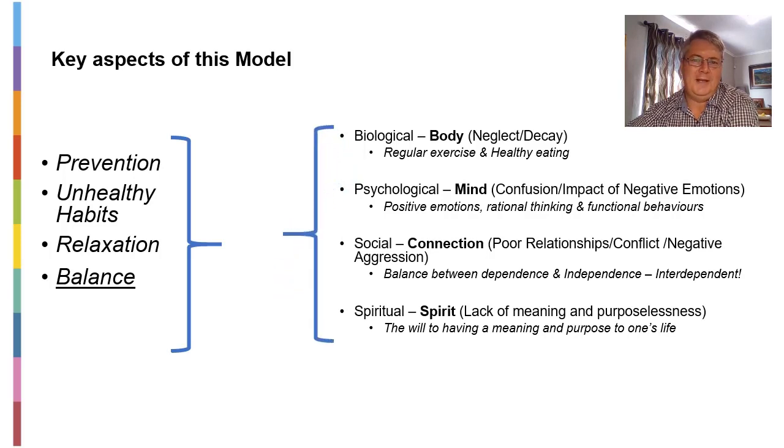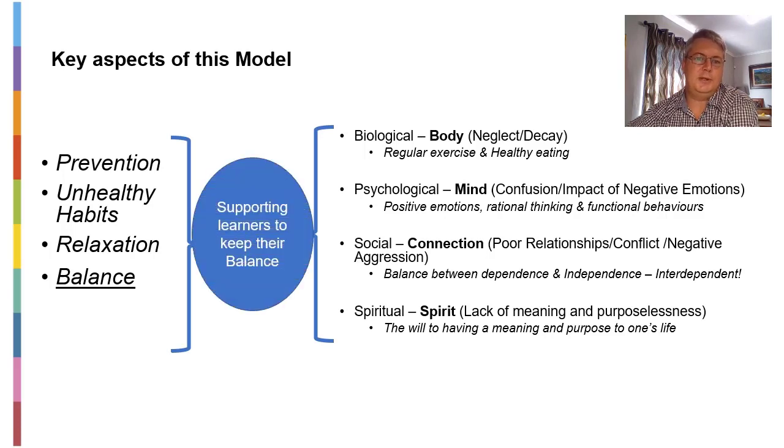Okay. And then, of course, these dimensions relate to the key aspects of the model, this idea of prevention, unhealthy versus healthy habits, relaxation, and balance. And really, ultimately, like I said, the key concept here is balance. So we can speak of a body-mind connection and spirit balance.